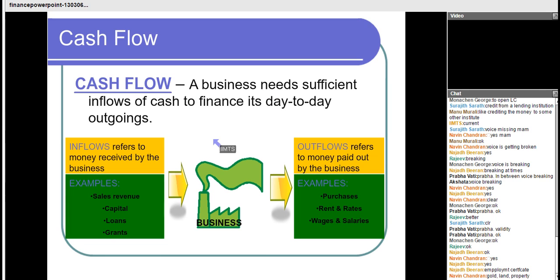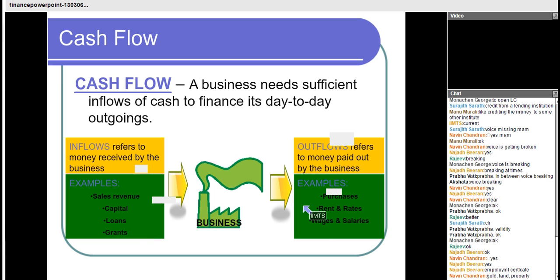Inflows are sales revenue, capital, loans and grants, and outflows are purchases, rent and rates, wages and salary. These are just the basics. There are many more. Okay? Clear to everybody? Hello, is it clear? Okay.